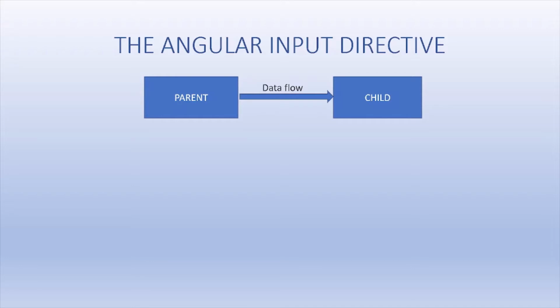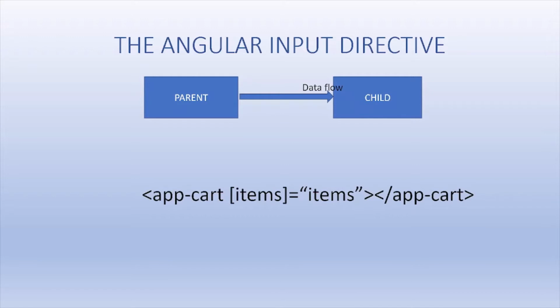The Angular Input Directive allows for data to flow one way from parent to child. We currently have this selector, which is a selector of the cart component in our store view file. Once we put the selector of the cart component into the store view file, it became a directive, right?